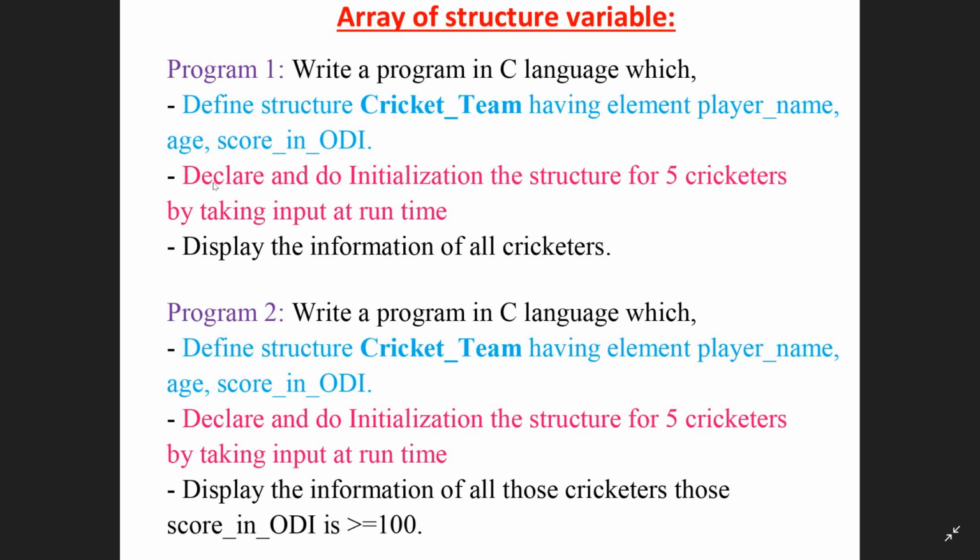Next, declare and initialize the structure for 5 cricketers by taking input at runtime. That means we have to take values of name, age and score from the user at runtime using the scanf statement, for 5 cricketers. Next, display the information of all cricketers. In this first program, we have to display information of all 5 cricketers.